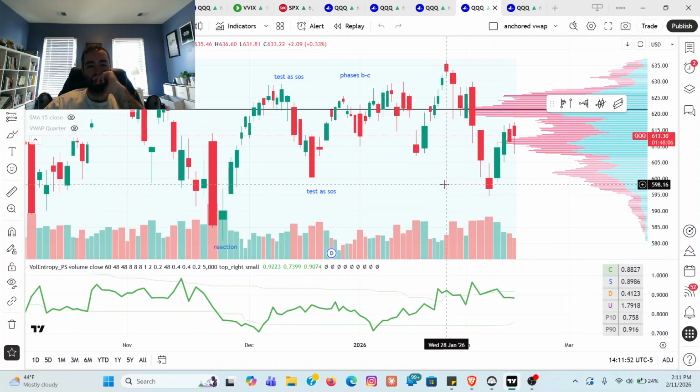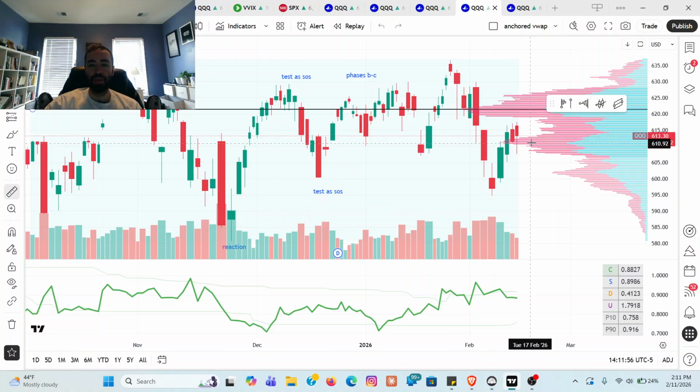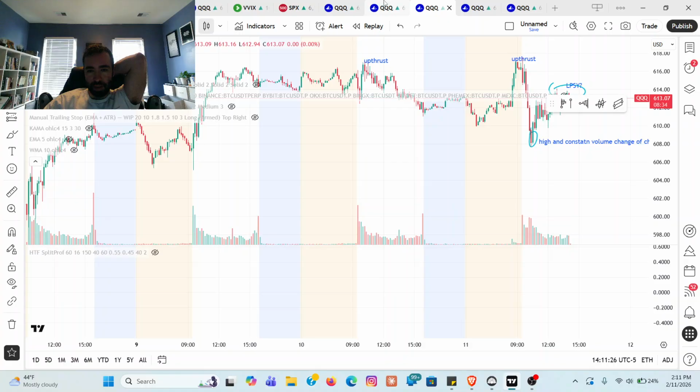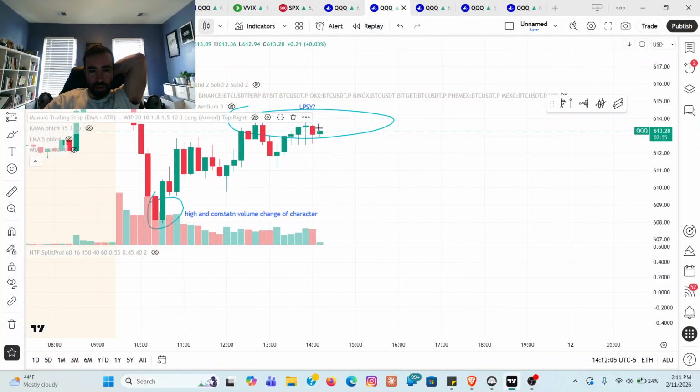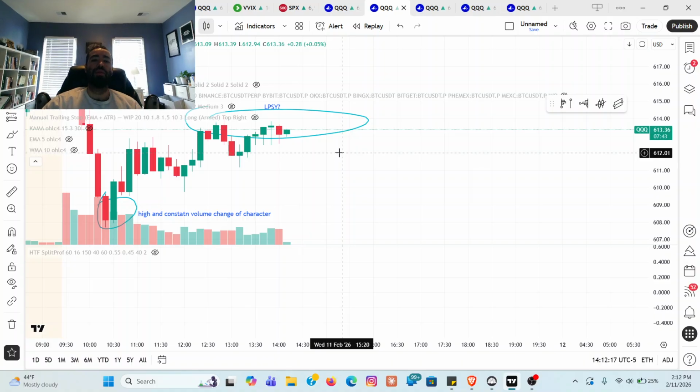So on the daily, it looks like a very successful liquidity grab, and you would expect it to hold. If we go back to the lower time frame, you would expect it to keep making higher lows here. So I guess a retest of 612 should hold, right?